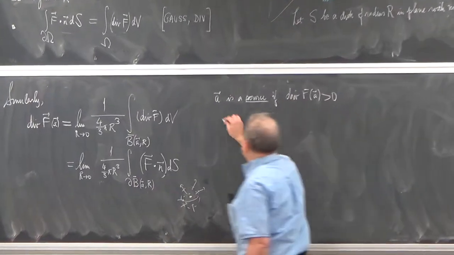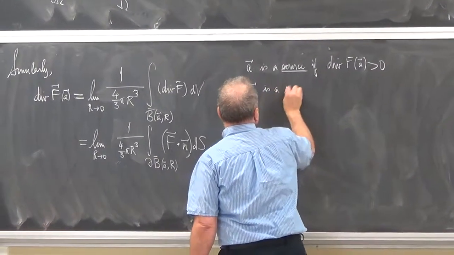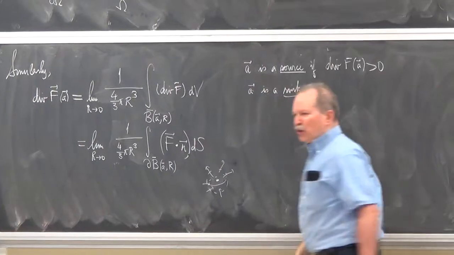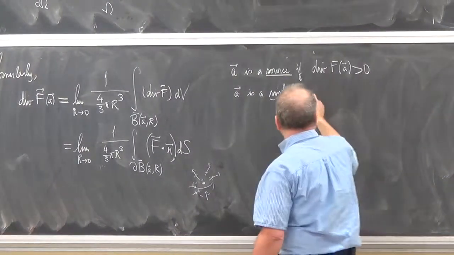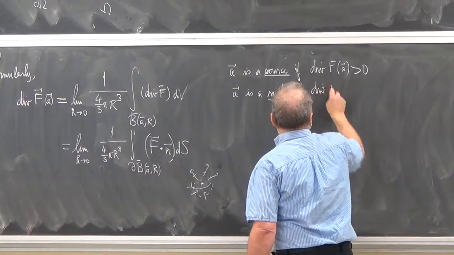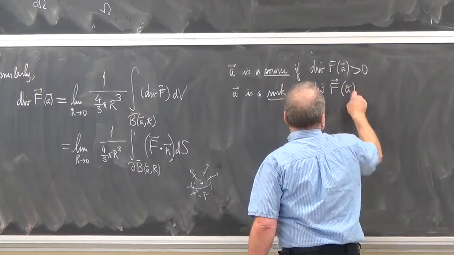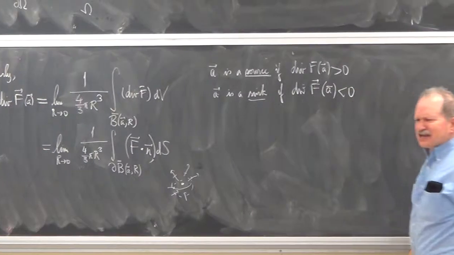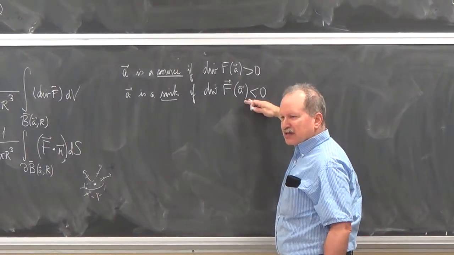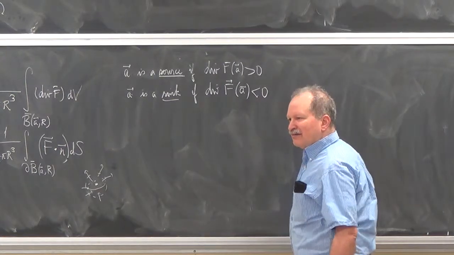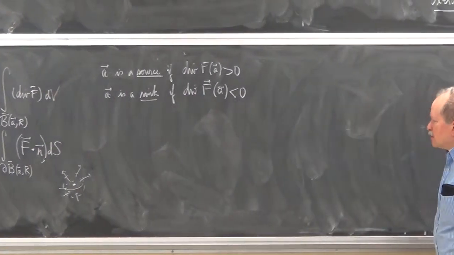Sink. A is a sink. Those of you who have taken 2700 or who will take 4700 will see some of this same terminology showing up in differential equations. If div F is negative. And there really isn't a word that I'm going to teach you for div F being 0 unless it's 0 everywhere. So I'm not going to give you a word.